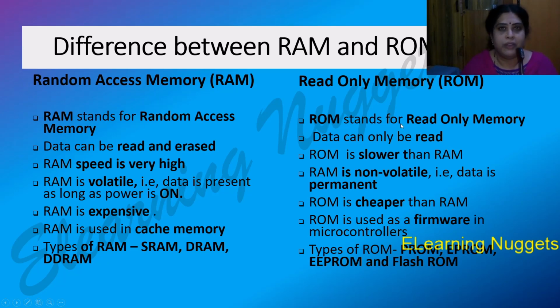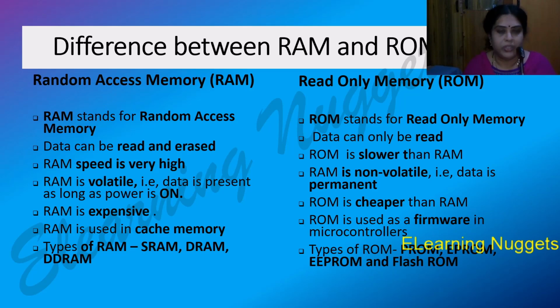Now let us look at the difference between RAM and ROM. See, these are some of the important questions which may come in your exam point of view. So you can also make a note of all these differences. I have given it as simple as possible so that it will be easier for you to remember and write. So RAM stands for random access memory, ROM stands for read-only memory, and the data access in RAM is very fast compared to ROM.